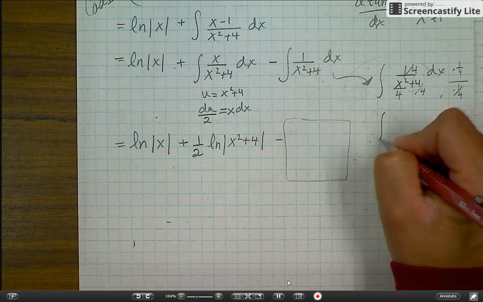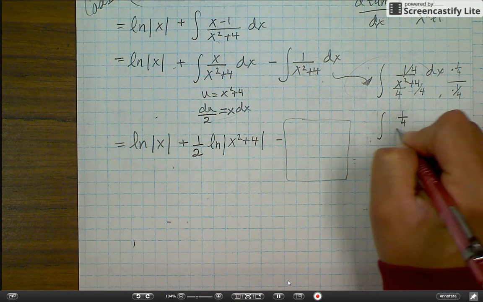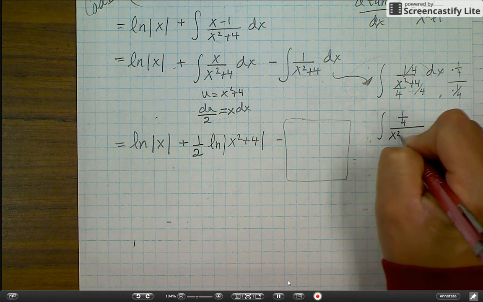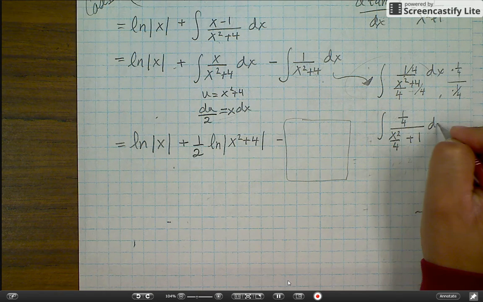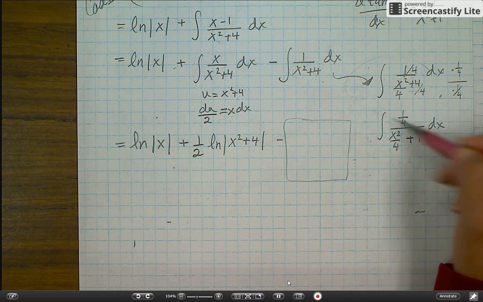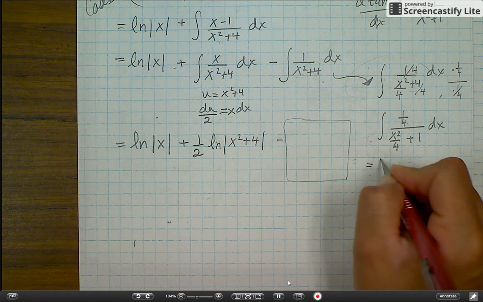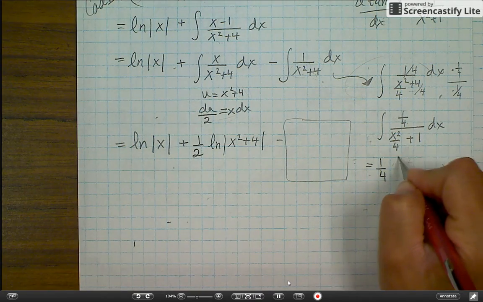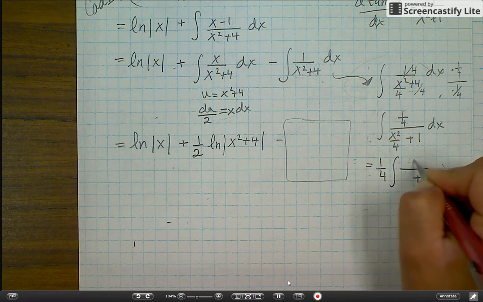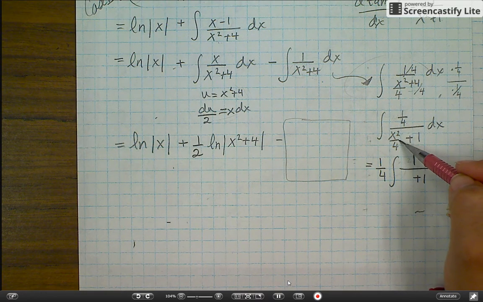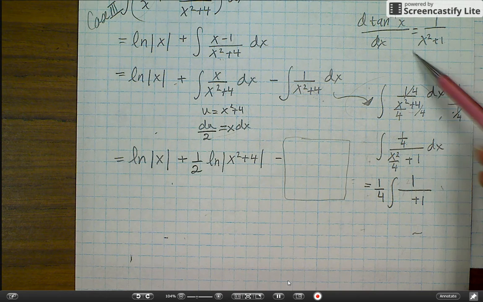So what does this result in? This results in 1/4 all over x squared over 4 plus 1 dx. Now this is annoying, so I'm going to pull that out. 1/4 integral, and I'm going to have plus 1 here. I'm going to have 1 here. Now instead of writing this like this, okay, I still want to have some sort of form like this.